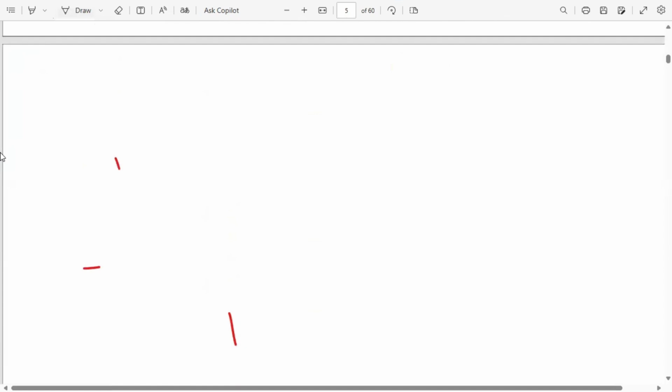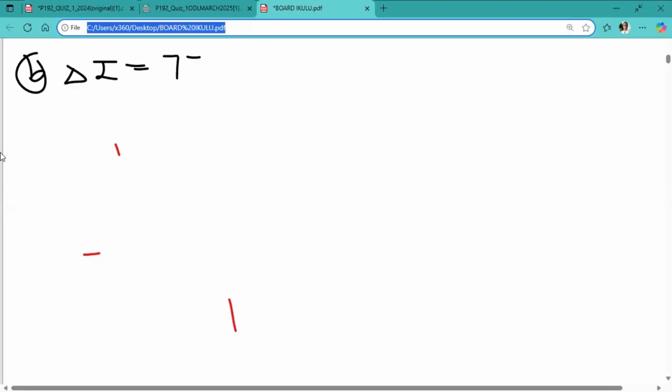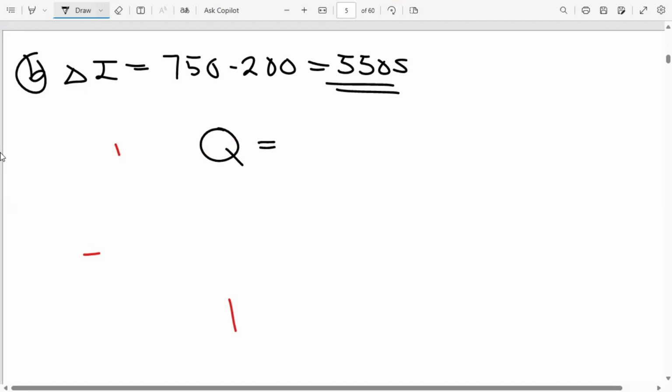This is question B now. Question B, we've said time or delta T is equal to 750 minus 200 seconds, which has given us 550 seconds. So we're going to calculate the thermal energy that is absorbed. Q will be equal to power, which is 600, multiplied by 550.